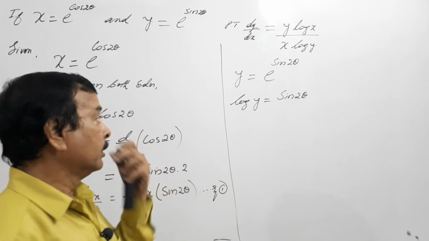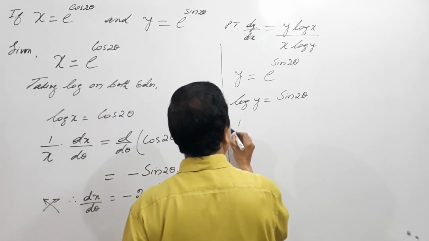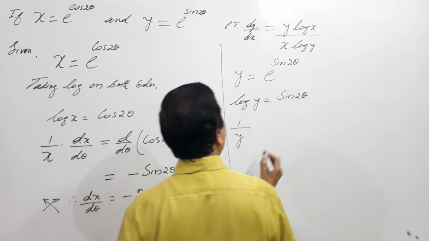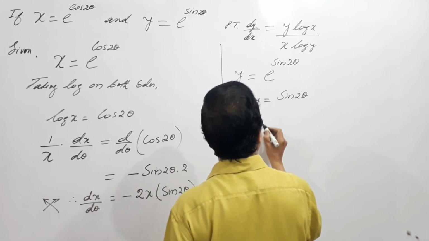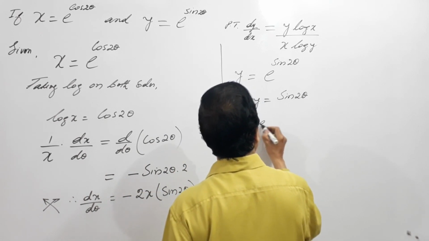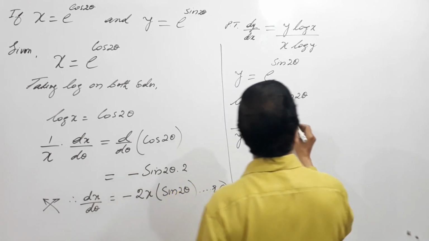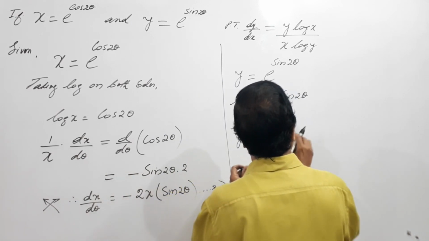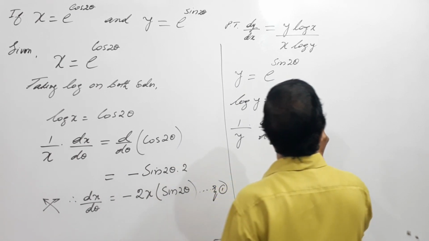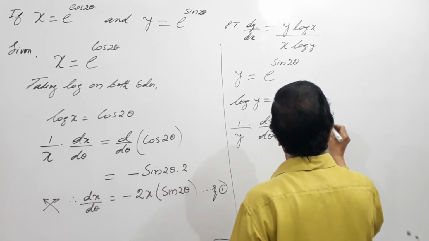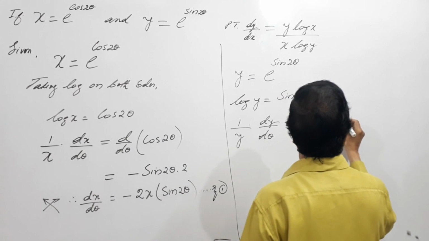So this becomes 1 by y into dy by d theta equals cos 2 theta into 2.